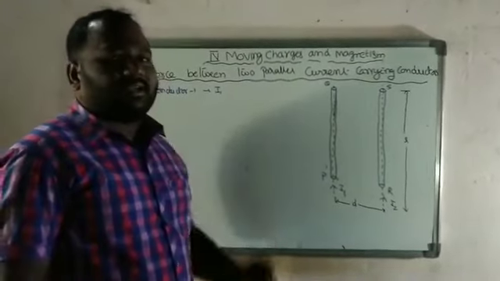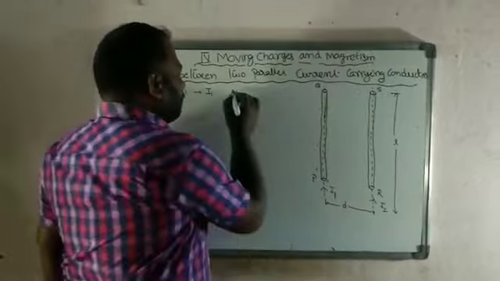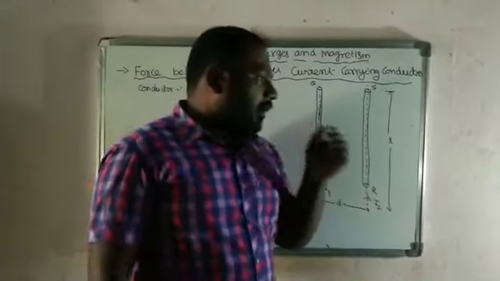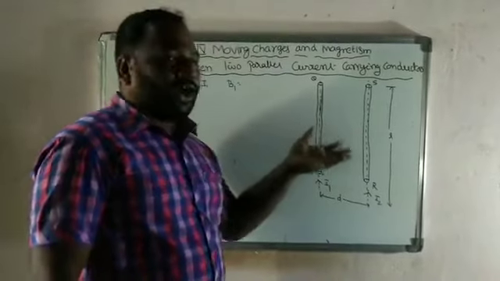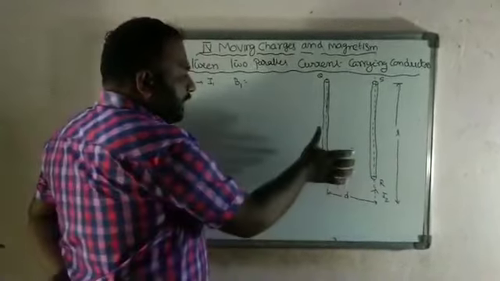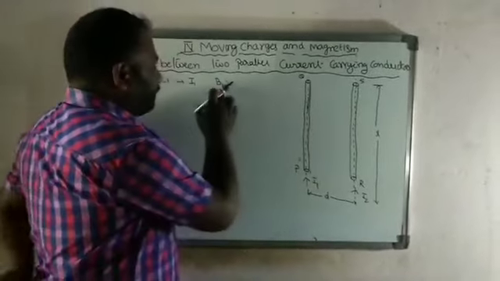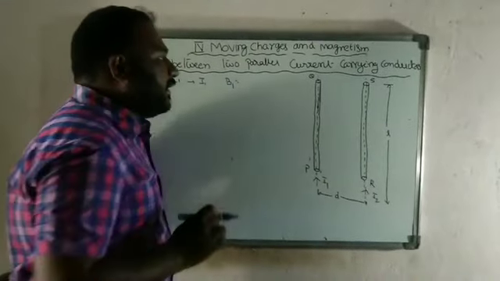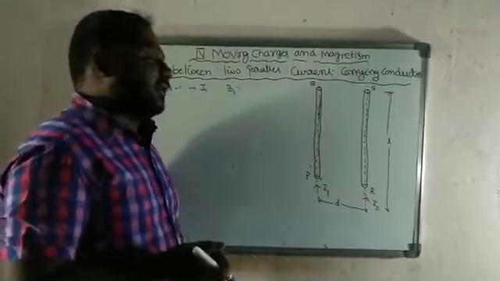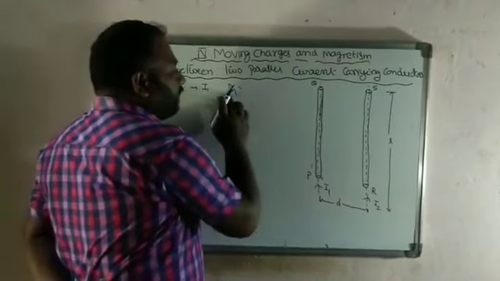Due to this current, a magnetic field is set up, known as B1. Let us see what the magnetic field is and how its direction can be determined. The magnetic field due to a straight current carrying conductor is given by Ampere's circuit law. So what is the value of B1?